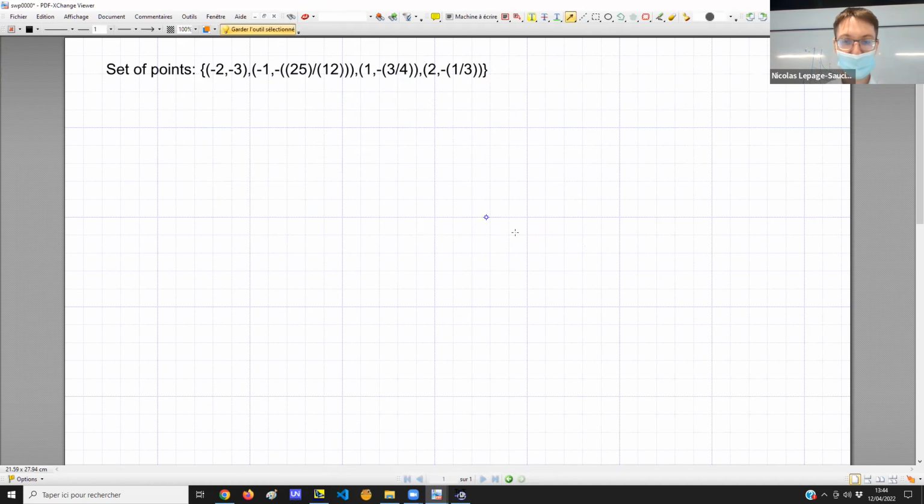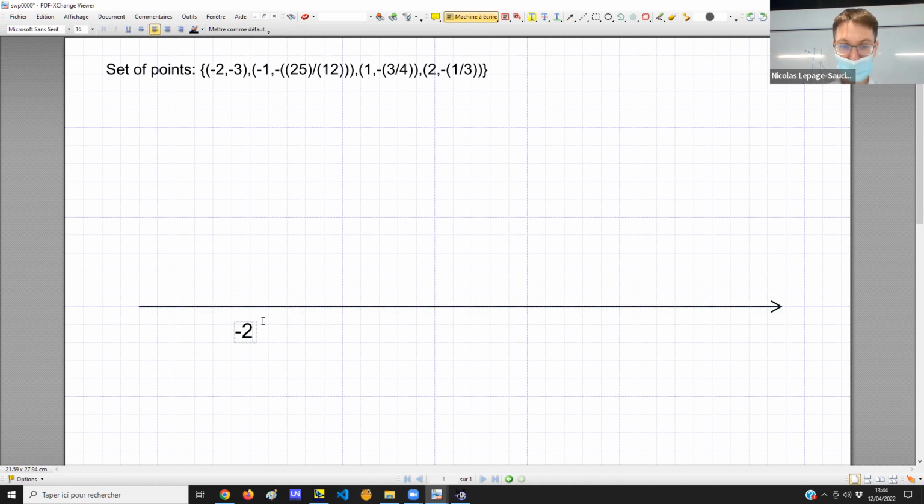The range for x is -2 to +2, so let's take as much space as we can: -2, -1, 0, 1, 2.